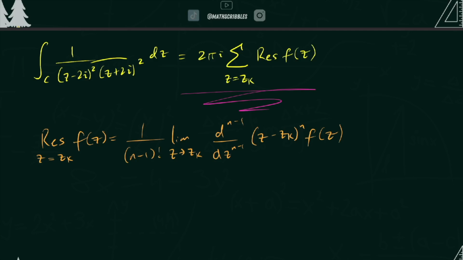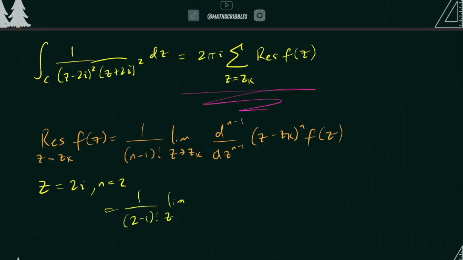Okay, so all we really need to do is plug everything into this equation for our function. Remember, the only pole that we have is 2i, and it has a singularity of 2. So plugging into this formula, we have 1 over n minus 1, so this is 1 over 2 minus 1 factorial.